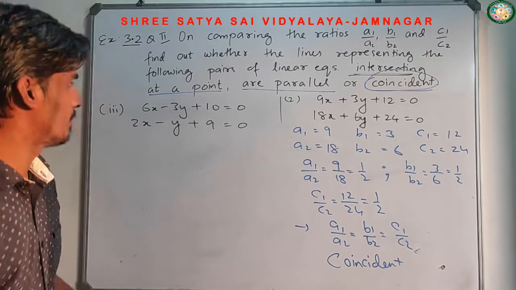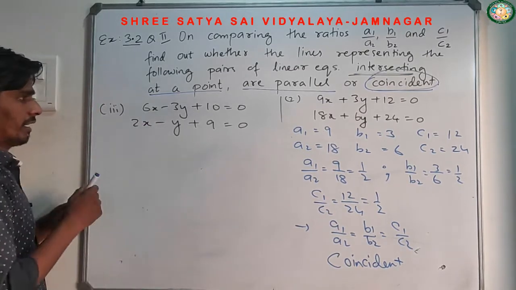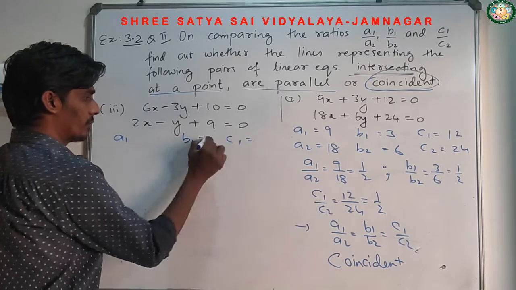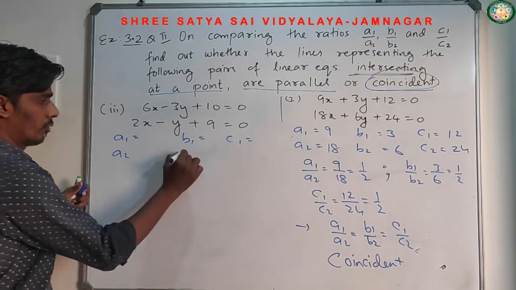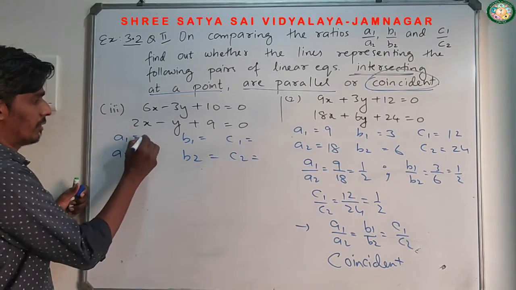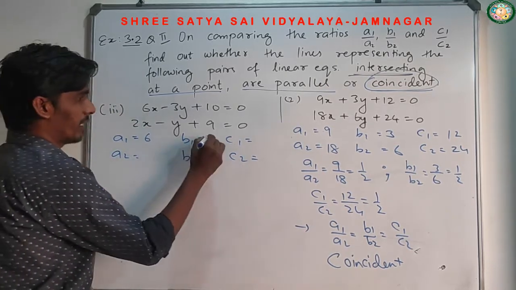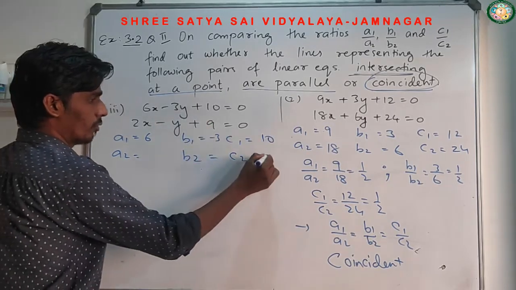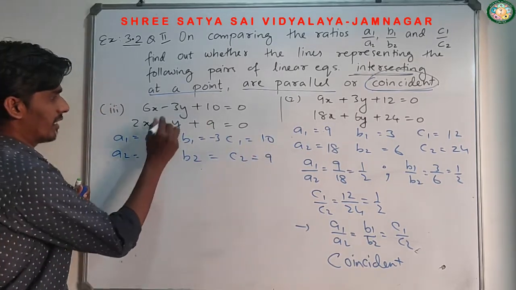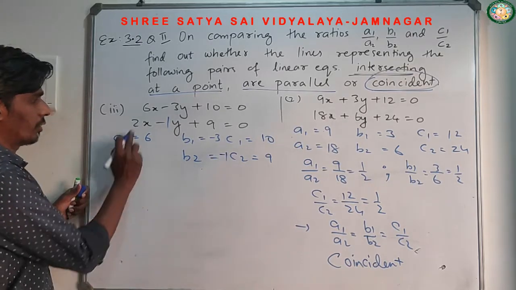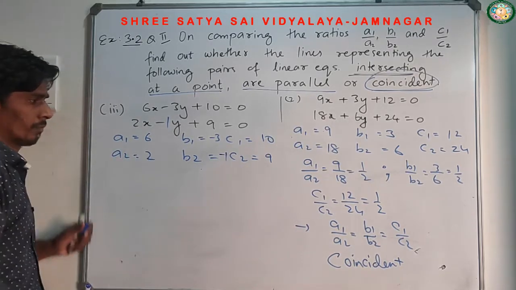Now for this one, find out again a1, b1, c1, a2, b2, c2. What is the value of a1? 6. b1 is minus 3. c1 is 10. c2 is 9. If nothing is there, it means minus 1. And a2 is 2.